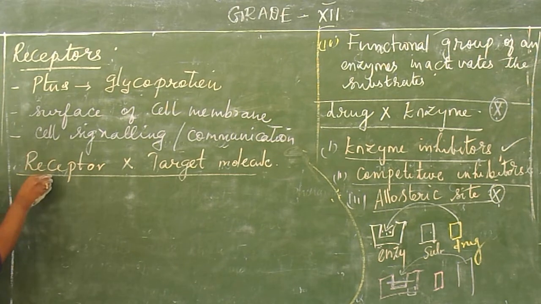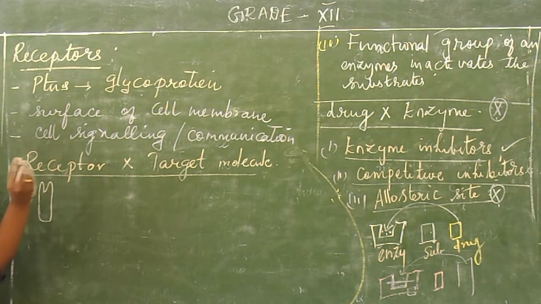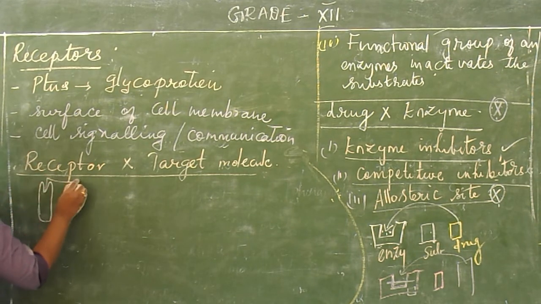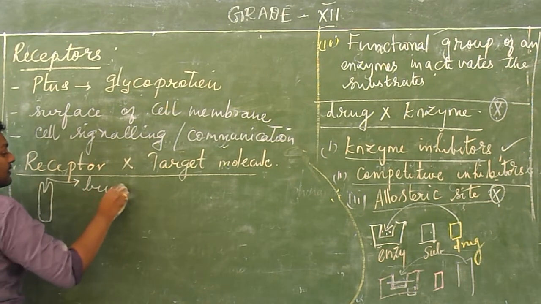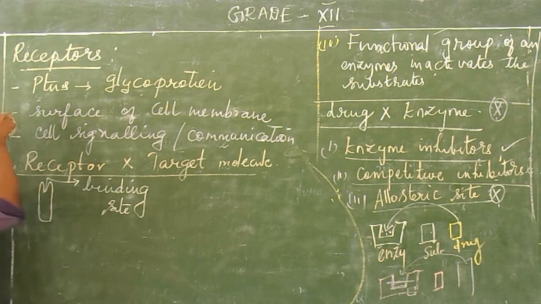I told you the receptors are present on the surface of the cell membrane. So the cell membrane will have the receptor like this. This region is called the binding site of the receptor. Whereas in case of enzyme we studied the active site, in case of receptor it is the binding site.